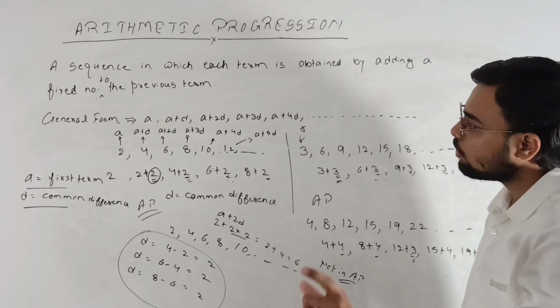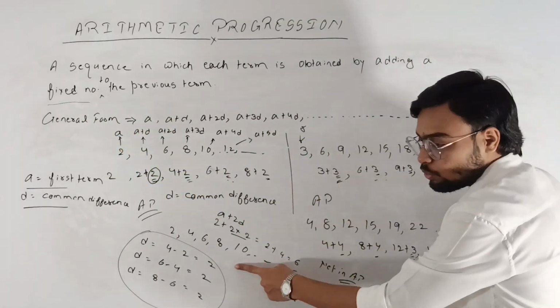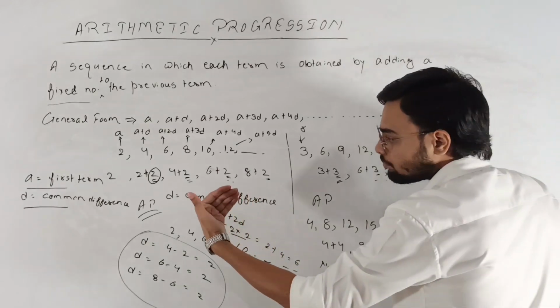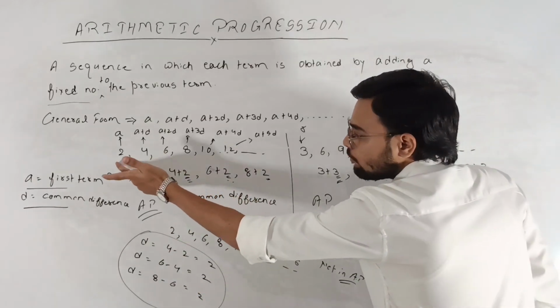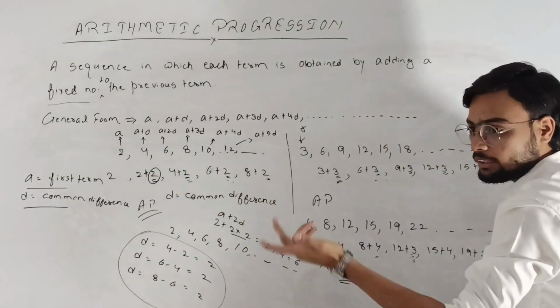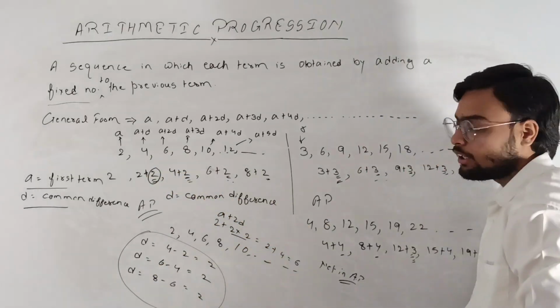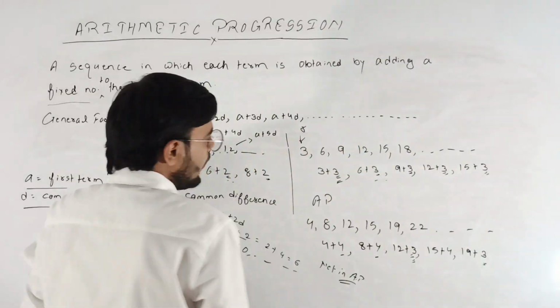Now D. D is what? Common difference. Common difference means the fixed number which we add. So for this AP, D is 2. How do we obtain D? We subtract the first term from the second term, the second term from the third term, the third term from the fourth term, then we get D. So here D is 4 minus 2, 2; 6 minus 4, 2; 8 minus 6, 2. Now for this AP, A is 3 and D is what?